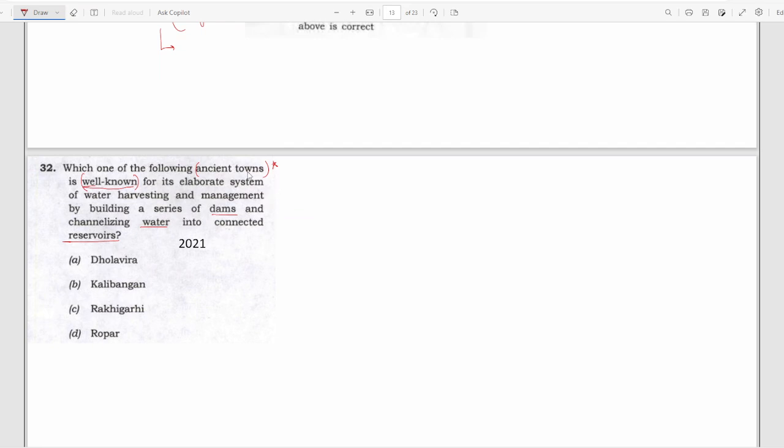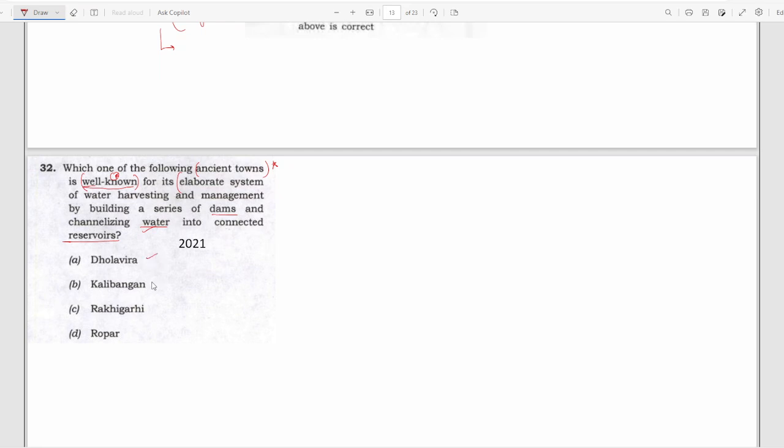In this case, they're asking about an ancient town which is very well known. That means they won't ask you anything that is not well known. Normally they ask about what is very well known for its elaborate system of water harvesting and management, where dams were built and water was channelized into collective reservoirs.